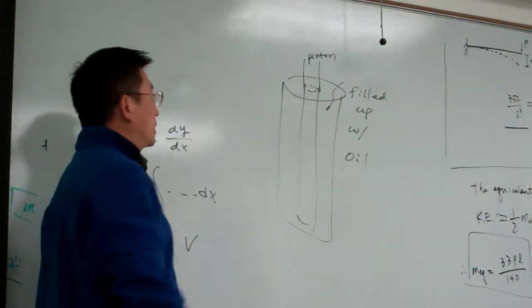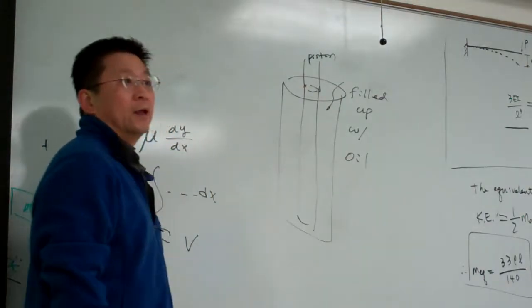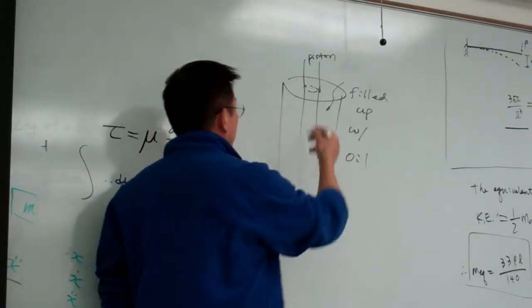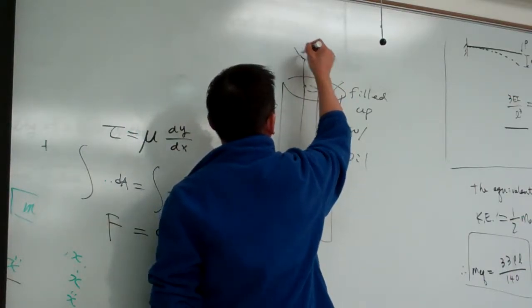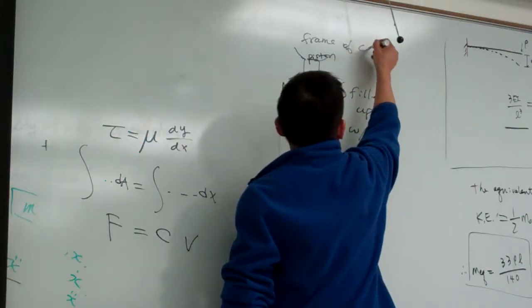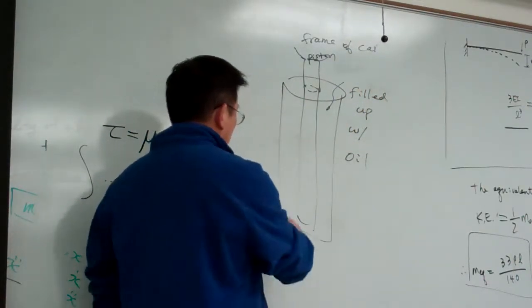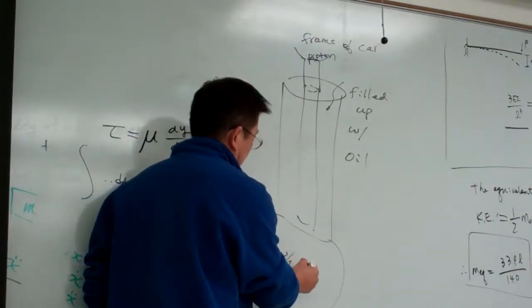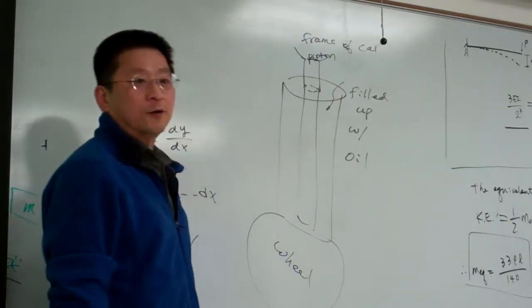So basically in between is the oil, and in certain configurations, say this piston is attached to the frame of the car, and on the other side, this is attached to the wheel of the car.